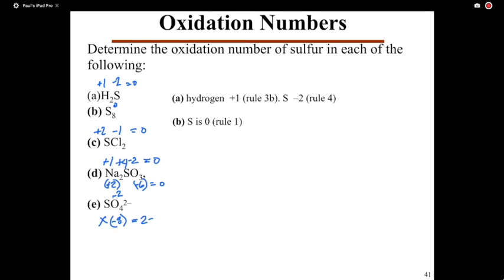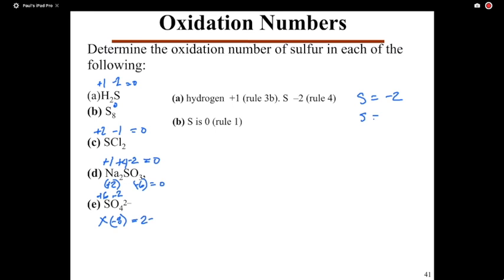There's a total of a -8 charge for the oxygen because each oxygen has -2. And whatever sulfur is, it has to end up as a -2, so it has to be a plus what? +6. So in this first case, sulfur was a -2.